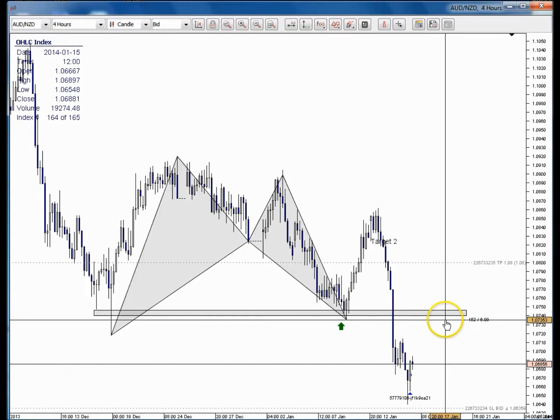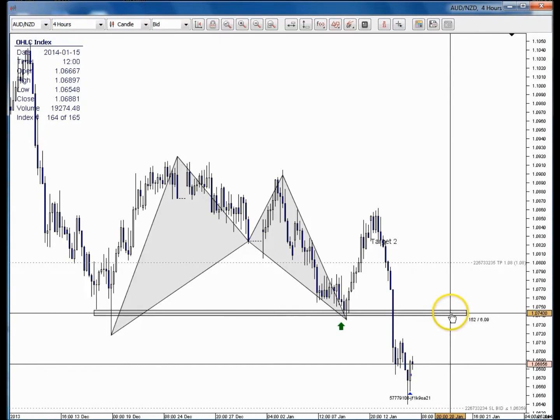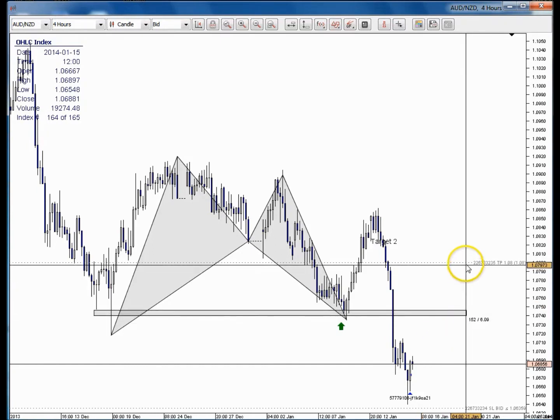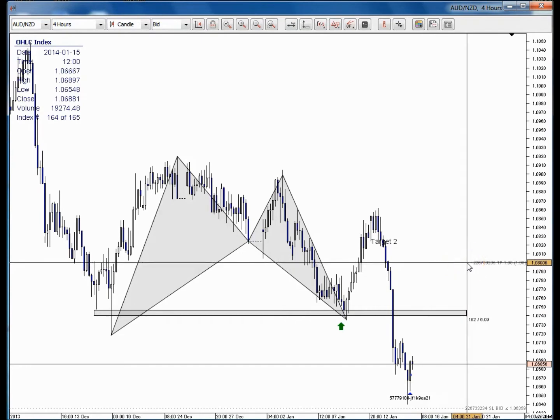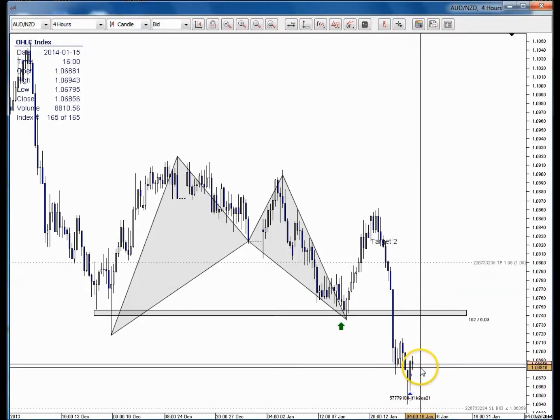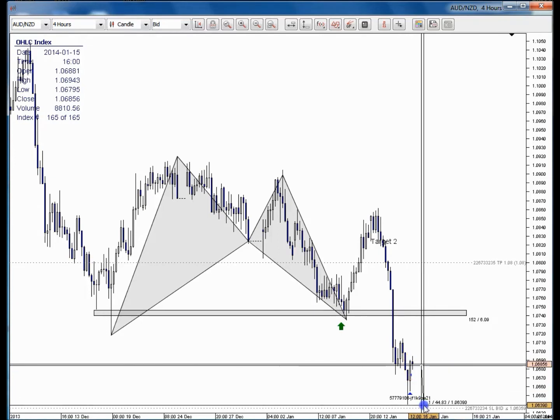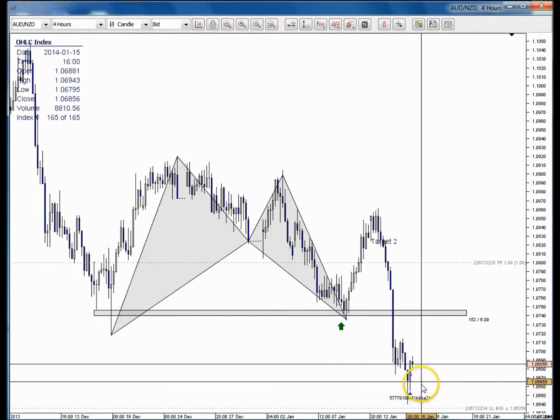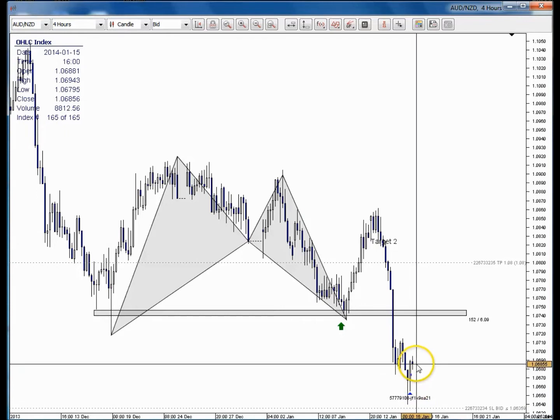66 pips. You don't just throw away money. So maybe I'll take part of the position, but my target is around 1.08 for this pair. So it's still not too late to take this position. The stop loss now is 40 pips from the current price.